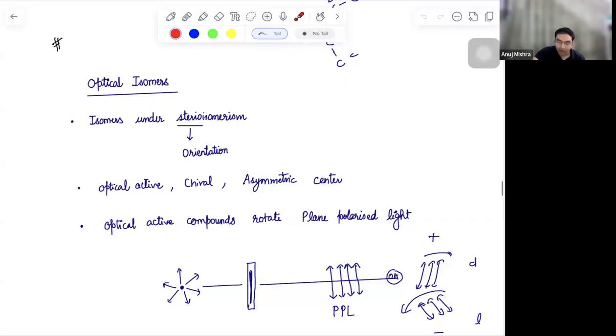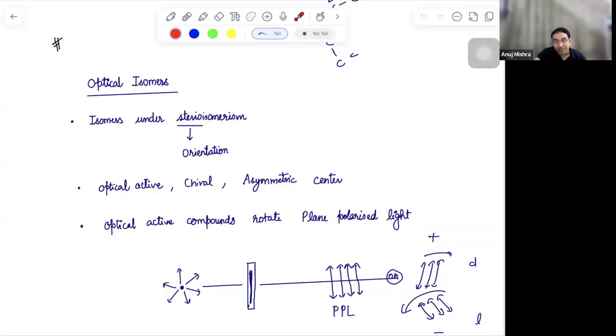Draw the structure, note these pointers. So far we are just talking about optical active compound. Now we are talking about what optical active compound will do. How will you identify them? One idea was we have asymmetry, but how? What it is doing? It can tilt plane polarized light both clockwise or maybe anti-clockwise.